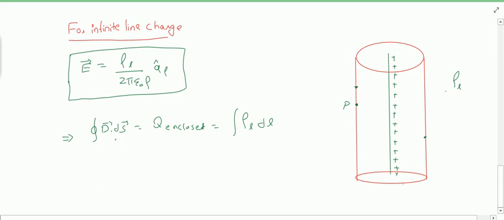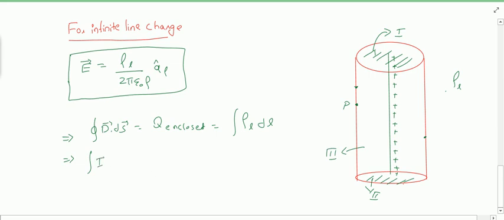So D dot dS. Now there are three surfaces in this cylinder: one is the top part, one is the bottom part, and one is this curved surface. So I have to take the surface integral over all of them. Suppose this is my first surface, this is my second surface, and this curved surface is my third surface.